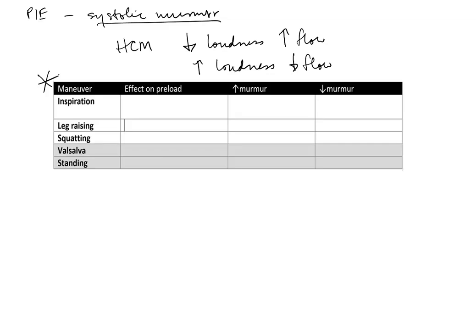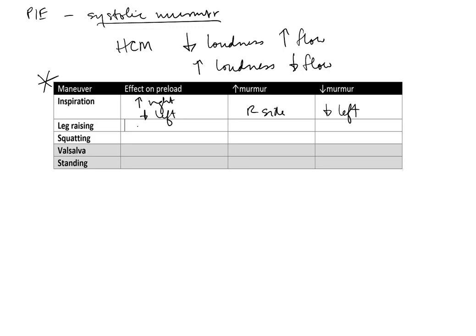So when we talk about inspiration, that increases flow on the right side and decreases flow from the lungs to the left ventricle. And so what we see then is the murmur is going to increase on the right side, but it's going to decrease on the left side.